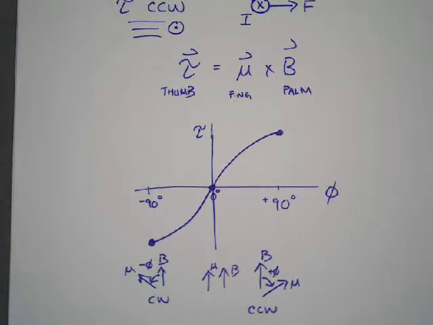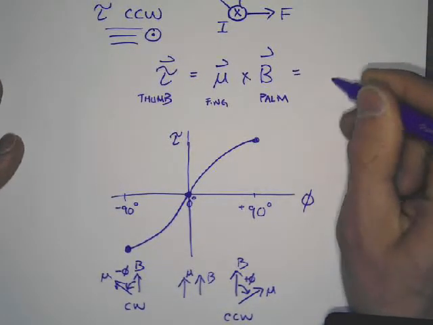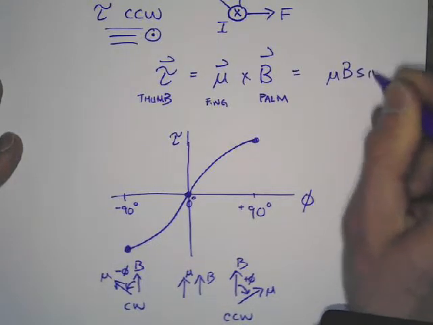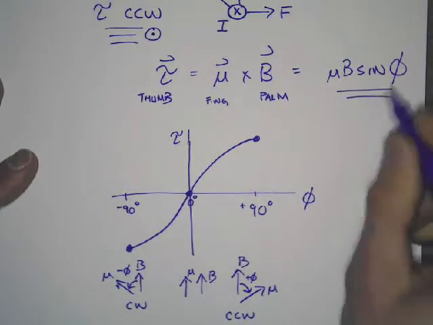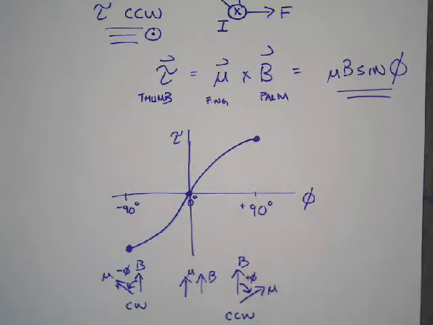Okay, so what is this? This is a sine function, right? And it better be a sine function because we know that the magnitude of the torque is going to be equal to mu B sine of phi. That sine function is not an accident. It's not a coincidence. It's because of the way we've defined things.